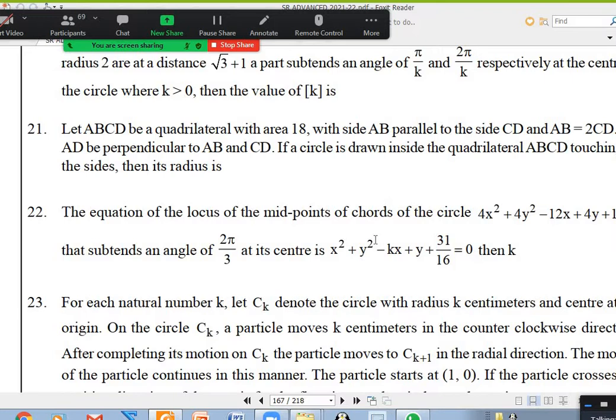We have a circle 4x square plus 4y square minus 12x plus 4y plus 1 equal to 0. When I divide with 4, it is x square plus y square minus 3x plus y plus 1 by 4 equal to 0.